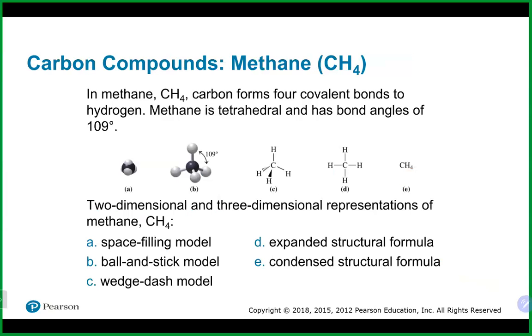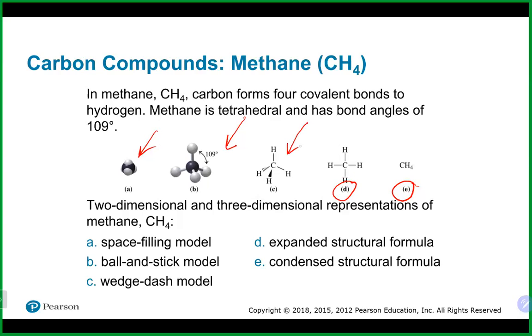Yeah. So as we just looked at here, here are some of the different types of structures that we will come across. Most of the time, we probably will be drawing either the expanded structural formula or the condensed formula. We usually don't draw the ball and stick model or the space filled model.